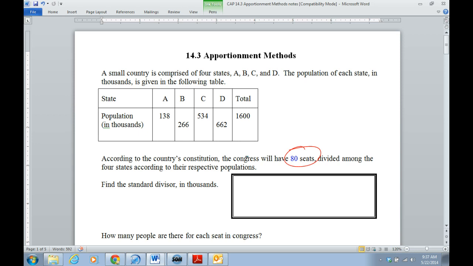So one of the first things that we want to do is look at what is called a standard divisor. To find that, you're going to take the total population and divide it by the number of items to be allocated.